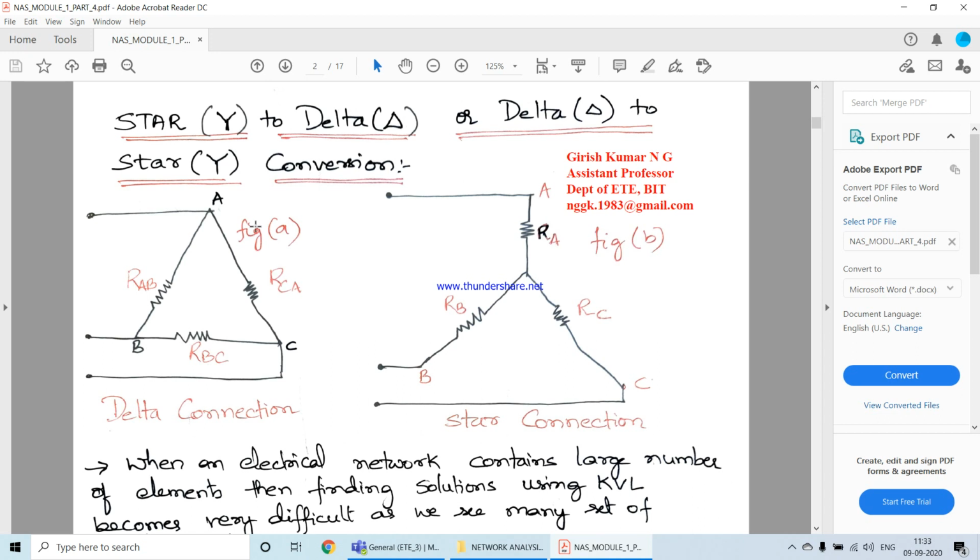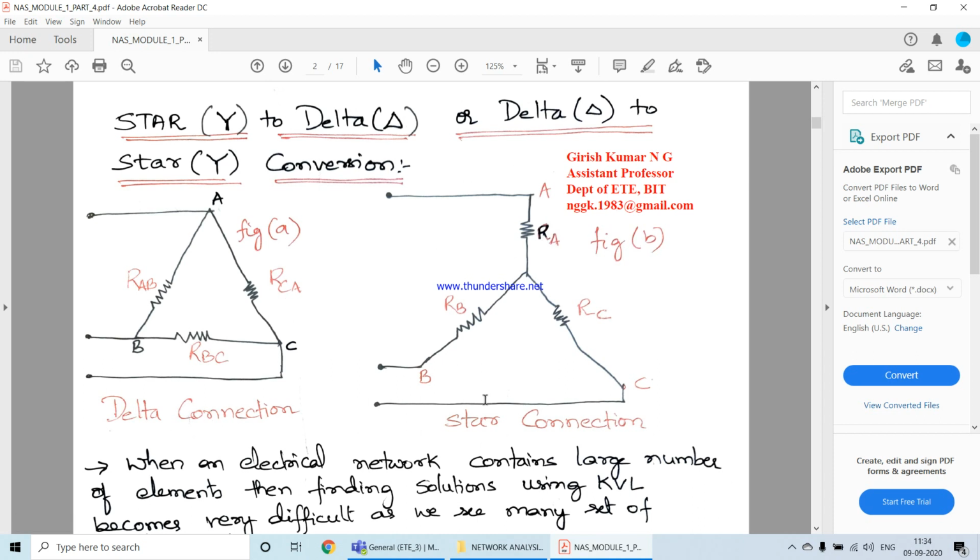Here we have A, B and C, three different terminal nodes of the network, where across AB we have the resistance RAB, across BC we have RBC, and across AC we have RCA. These RAB, RBC, RCA are the resistances which we normally determine in a delta connection network.